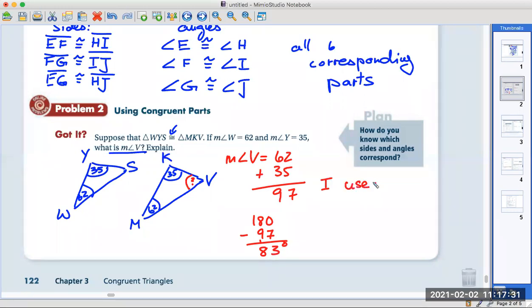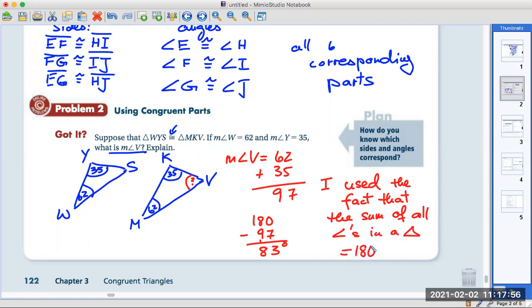I used the fact that the sum of all angles in a triangle equals 180 degrees. So that's called the triangle angle sum theorem.